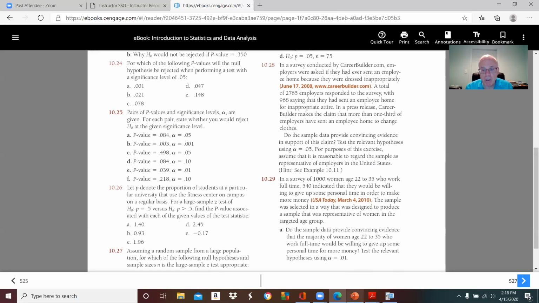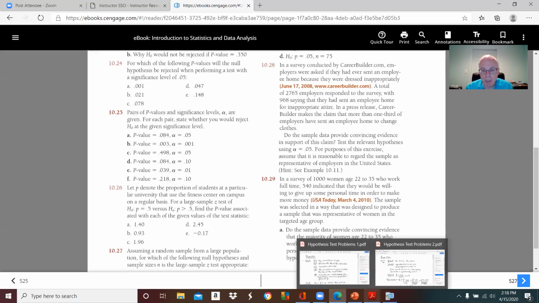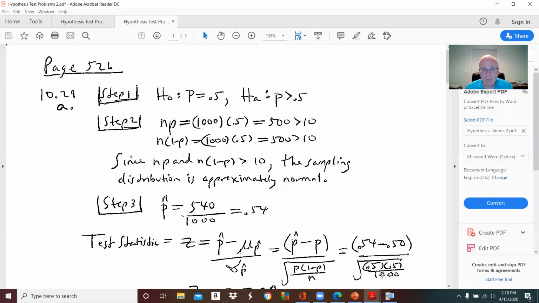Okay, so let's take a look at the steps that we go through to actually do a hypothesis test. Step number 1 is stating the hypotheses. The null, of course, is going to be P is equal to, we always put equal to there, 0.5. The alternative is going to be P is greater than 0.5. So whenever we see majority, we know immediately P is greater than 0.5.